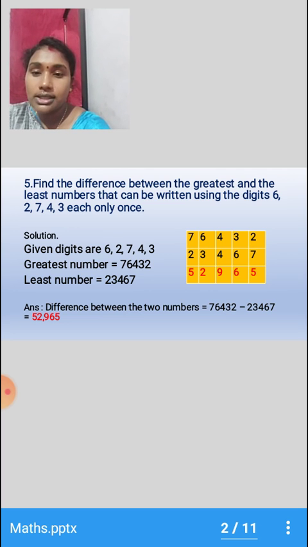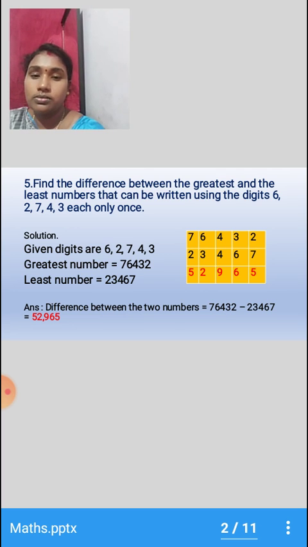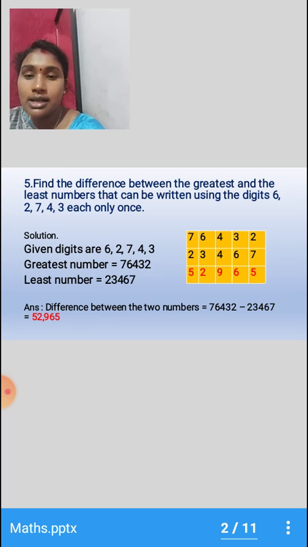So put 7 in the first place, followed by 6, 4, 3 and 2. The least number will be 2, 3, 4, 6, 7. So the greatest number is 7, 6, 4, 3, 2 and the least number will be the alternate arrangement of numbers, that is from the last to the first.